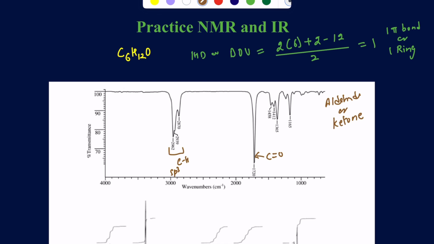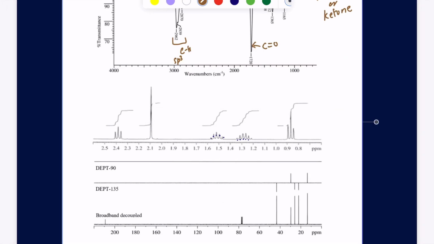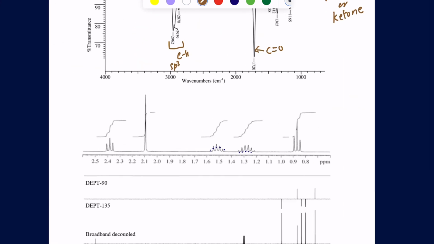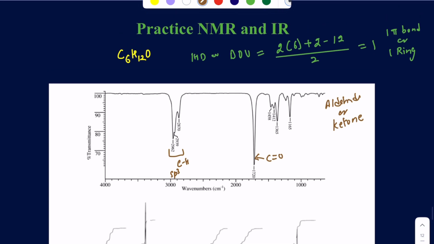You can actually tell that based on the IR, because for an aldehyde, this stretch usually shows up around 2700 to 2800, 2850, somewhere around that.